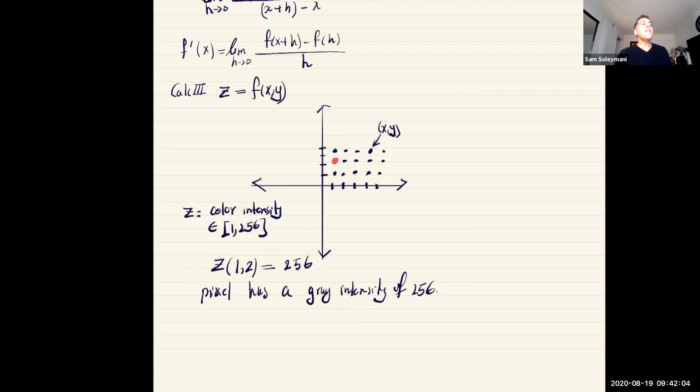Now let me ask you guys a question. Let's go back to just typical functions, y equal to f of x. What does it mean for a function not to be differentiable? If you have a curve y equal to f of x, geometrically, what makes it non-differentiable? Can anybody answer that question?